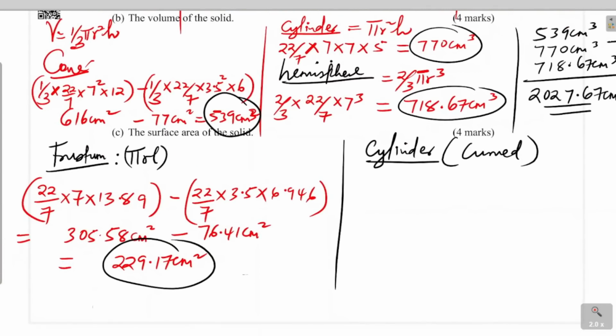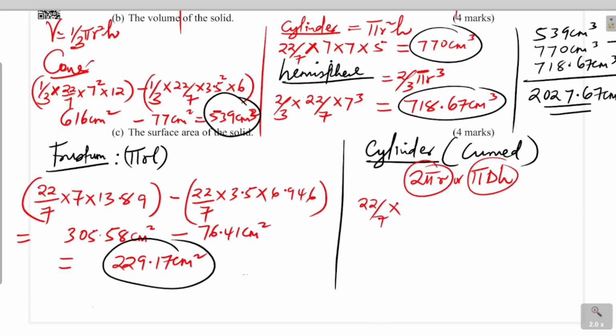You know that it is given by this formula, either 2 pi r h or pi d h. You can use either of these two. So I use pi d h, so 22 over 7 times the diameter.